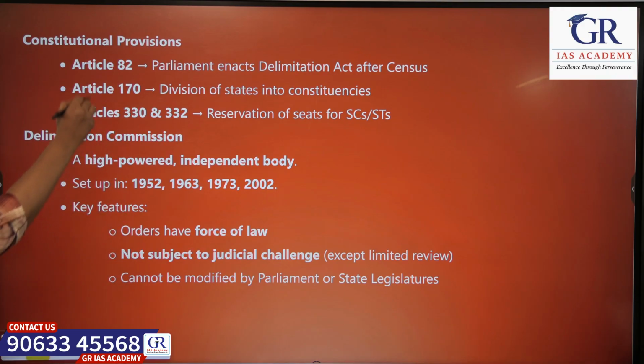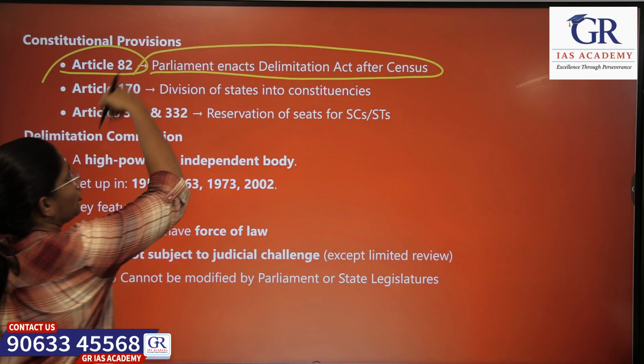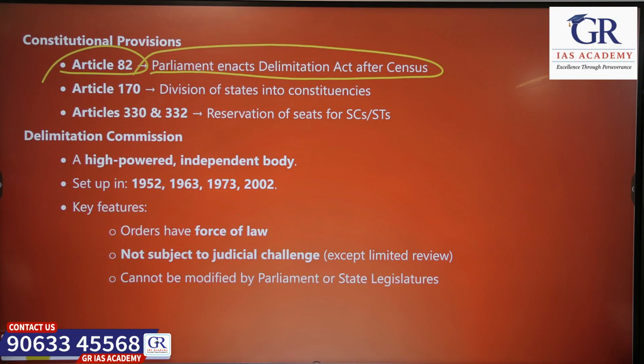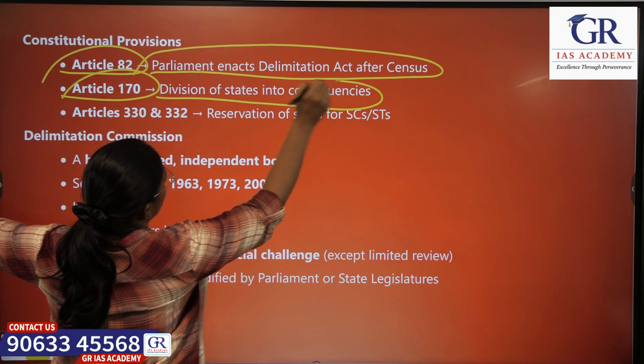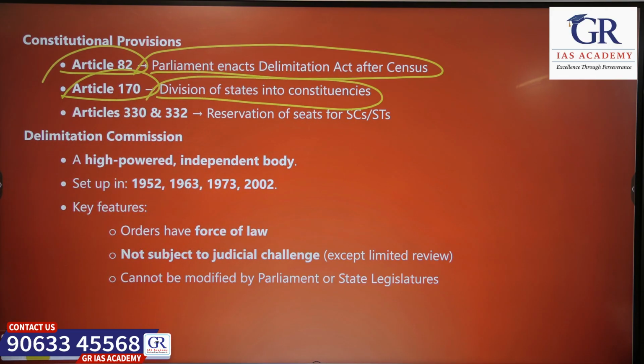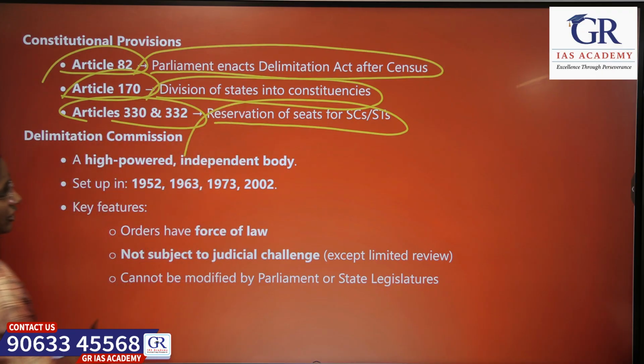Article 82 tells that Parliament enacts a delimitation act after census. Article 170 tells the division of states into constituencies. What about Articles 330 and 332? They deal with the reservation of seats for Scheduled Castes and Scheduled Tribes.